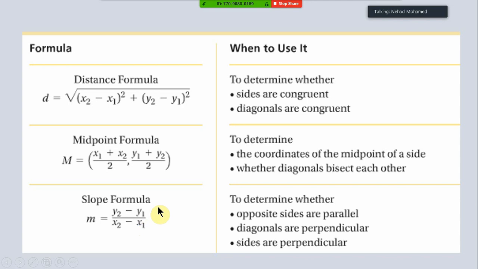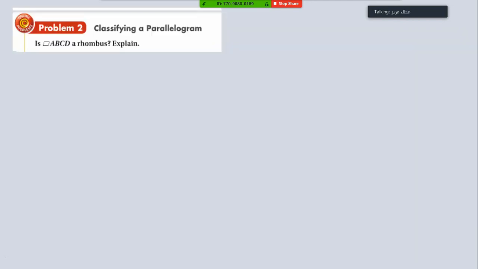Okay? Now, if we have a parallelogram, when is this parallelogram a rhombus? When the parallelogram is a rhombus, what can you tell me?